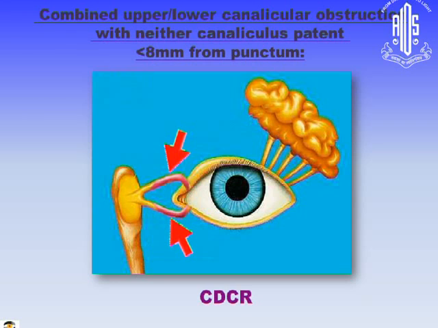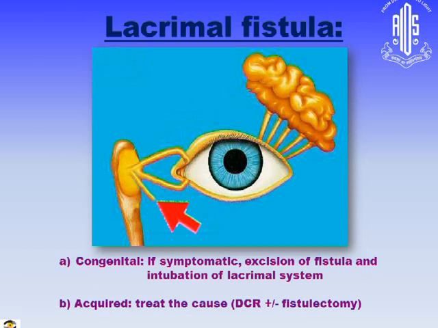So we can go for canalicular anastomosis. But when the block is somewhere in the proximal part and no healthy canaliculus is there within 8 millimeter of the punctum, we will have to go for conjunctivo-DCR.